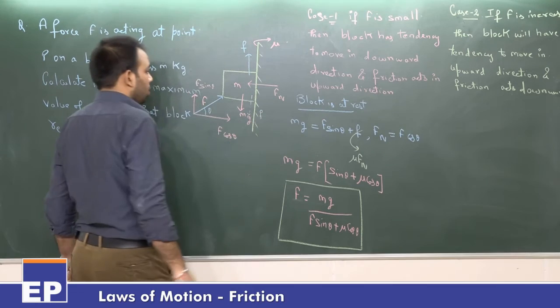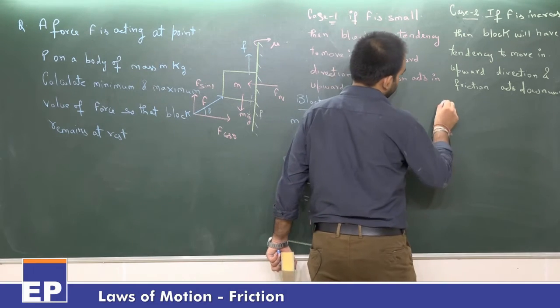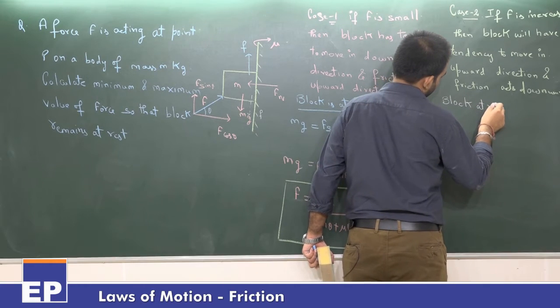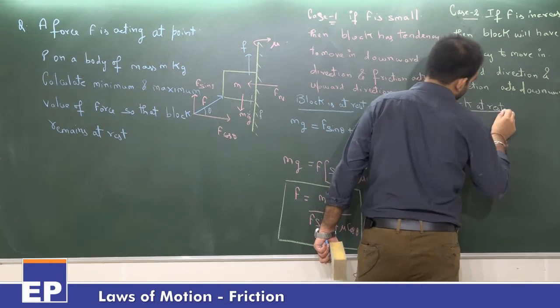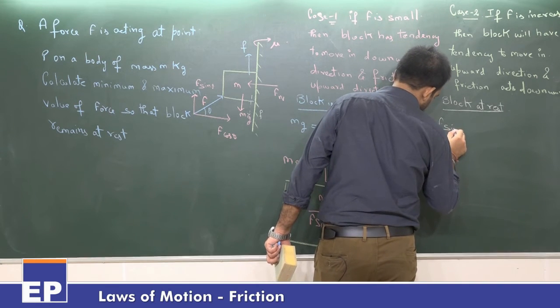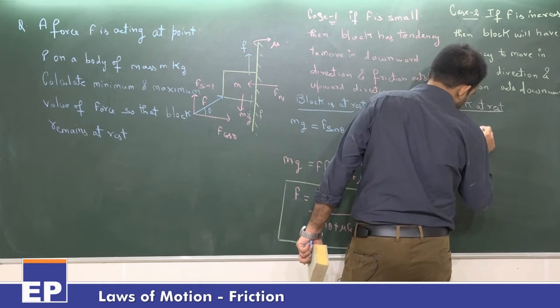In the latter case, there are two forces acting downward and one force is acting upward. Block at rest. So what can we say? F sin theta is equal to mg plus f.